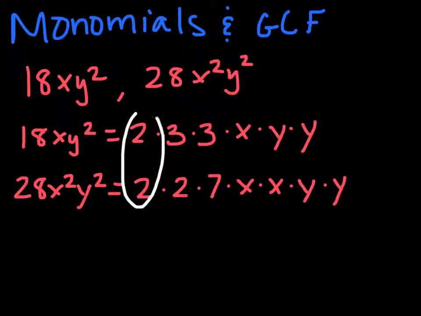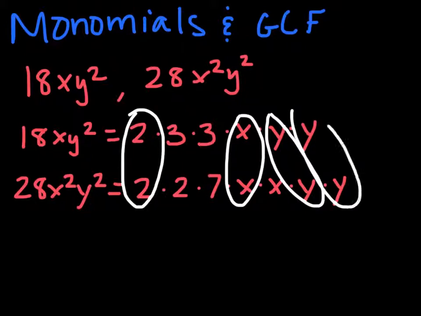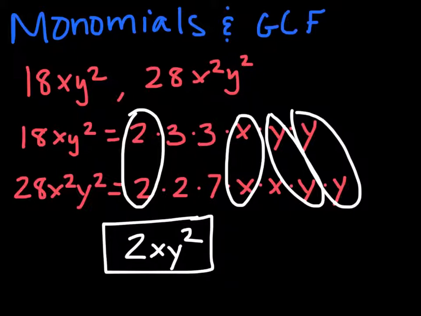We have a set of 2's, we have a set of x's, and we have 2 sets of y. So now we'll rewrite this as the greatest common factor, which will be 2xy squared. So the greatest common factor of 18xy squared and 28x squared y squared is 2xy squared.